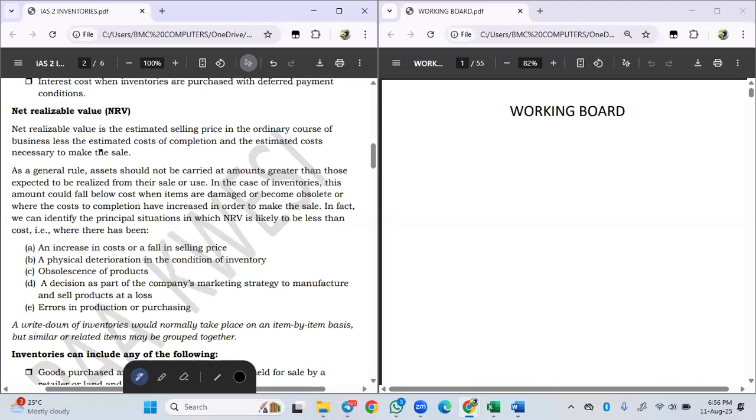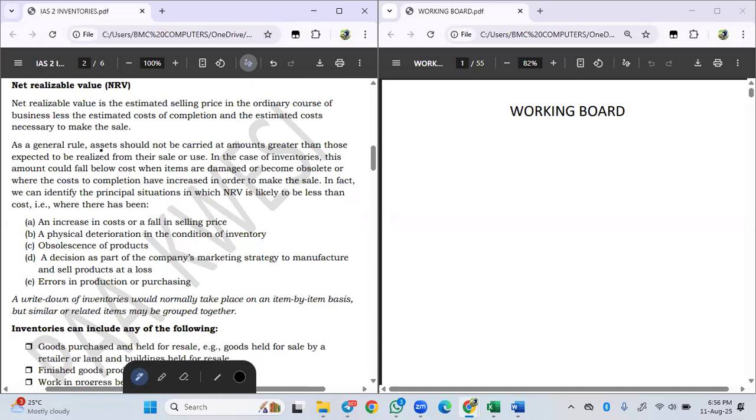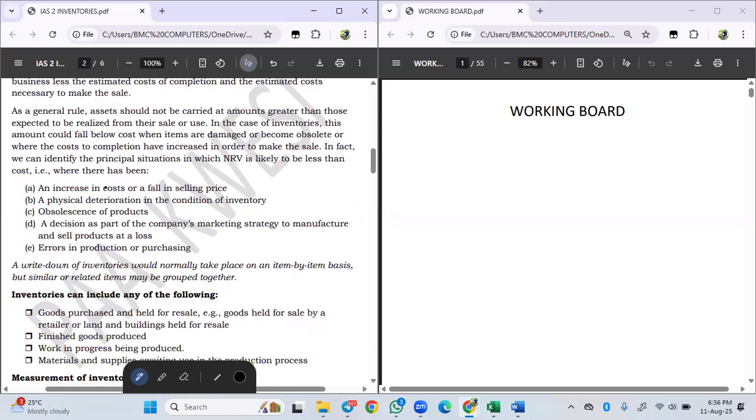As I said, we have some raw materials that you have to convert to finished goods and all that. So the cost of completion and also the cost to sell, you subtract these two costs from the estimated selling price of your inventory, and that will give you the net realizable value. Okay, net realizable value.